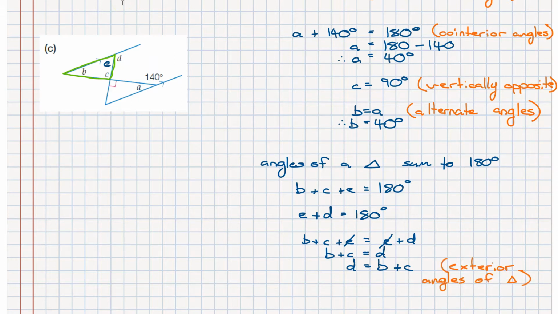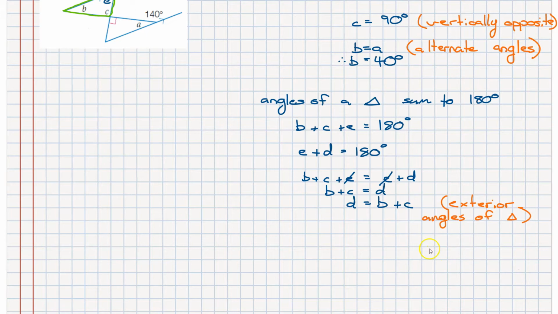And this is our proof to tell us what the value of D is going to be, because remember, we've already deduced the values for B and for C. So simply putting in the values for B, that was 40, and C was 90, now both in degrees, what we find is that D is therefore equal to 130 degrees.